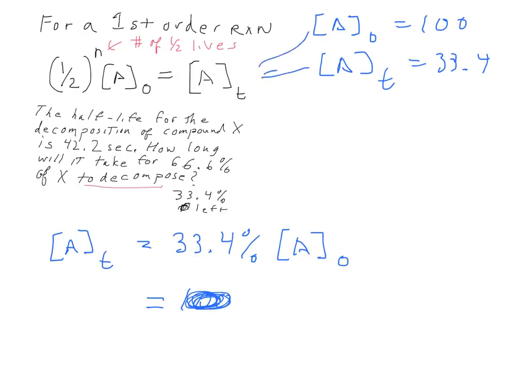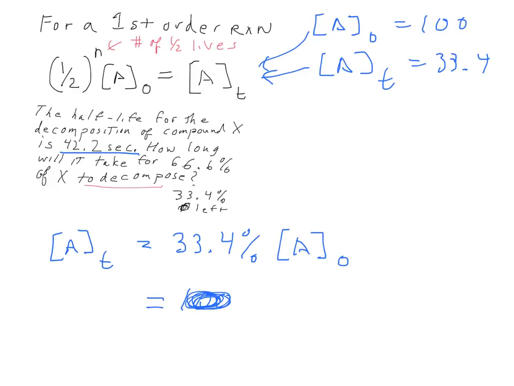So now I can plug into this equation. Why do I have to go to that equation? Because they gave me a half-life. They didn't give me a value of k, so I can't use my other equation. If I wanted to, I could solve for my value of k since I know my half-life, but I'd much rather do it this way.